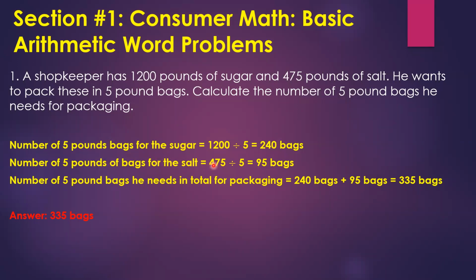So we take the amount of pounds of salt, which is 475, and divide that by 5. And that's how we get 95. Once we get that there are 240 bags of sugar and 95 bags of salt, we're going to add them to get the total amount of bags that he needs, the total amount of 5-pound bags that he needs for packaging the salt and the sugar. All right, so that's why we add. You understand that?